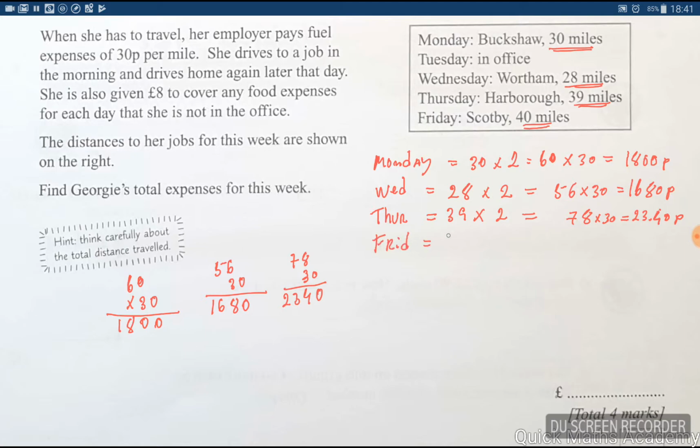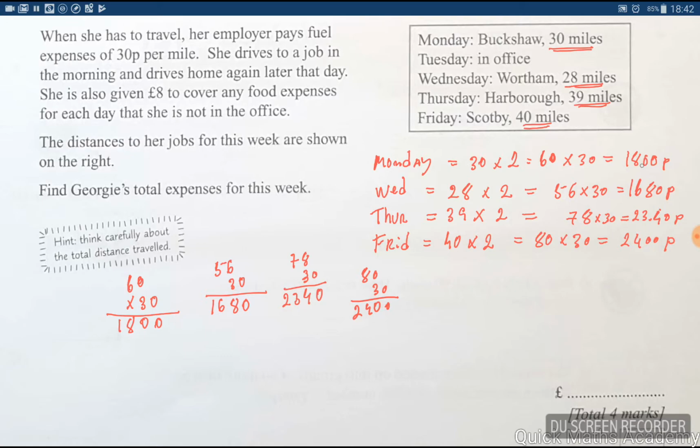On Friday he traveled 40 miles, times 2 will be 80 miles, times 30p. So 80 miles times 30p, that will be 3 times 0 is 0, 24, so 2400p.